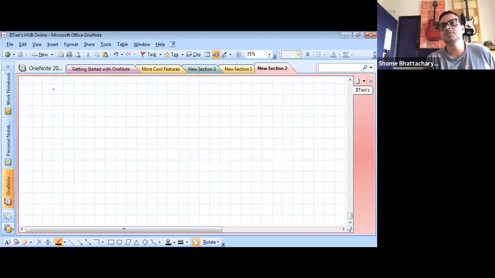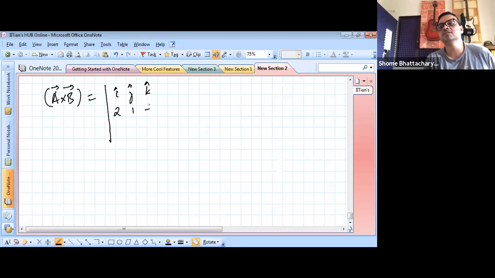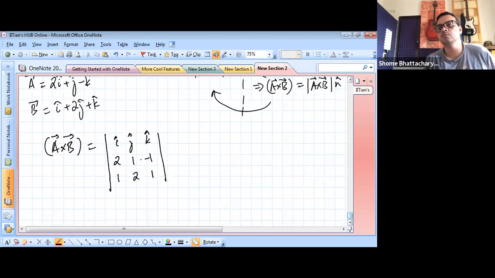So A cross B, let me do all the steps carefully. So i, j, k. In the next row come the components of A, so there were 2, 1 and -1. In the next row come the components of B, so 1, 2 and 1. Just check from above once. So these are the components of A and B.